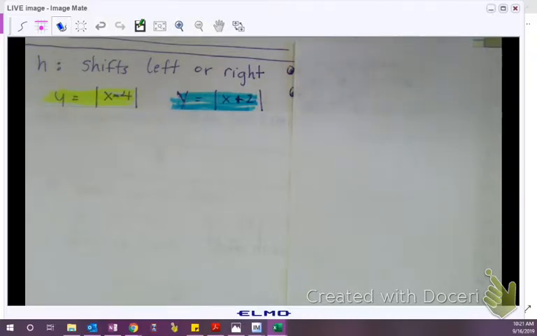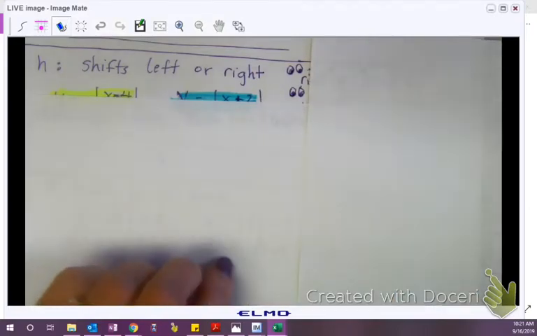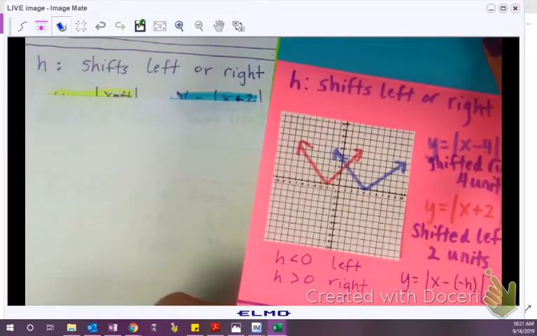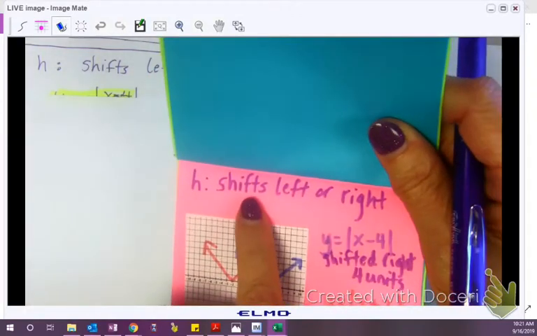It's x minus 4 and x plus 2. This H tab. We're on the H tab. So you're on the H tab, right? You're on this page with H. You're writing shifts left or right.